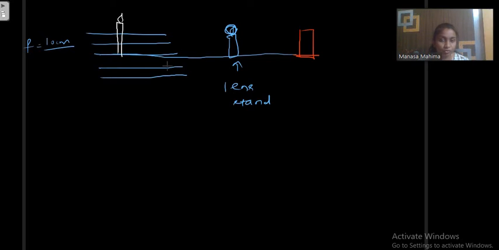And what we have to do? We have to mark the focal length. If we take the focal length here, it should be around 10 centimeter, f1, and twice of that will be 2f1, which is equal to c1. And here we have to mark that as f2, and twice of that will be 2f2.